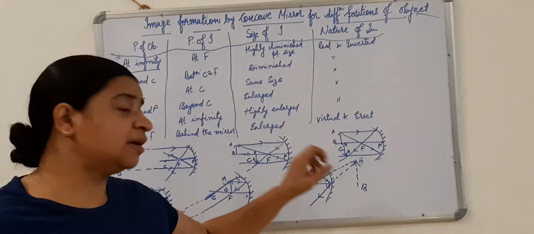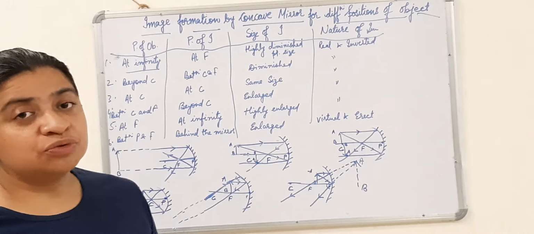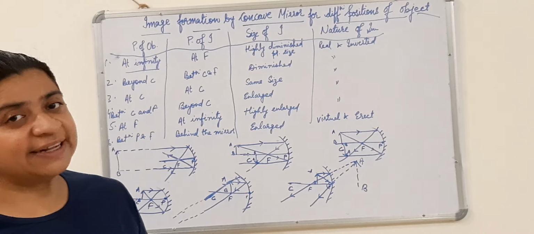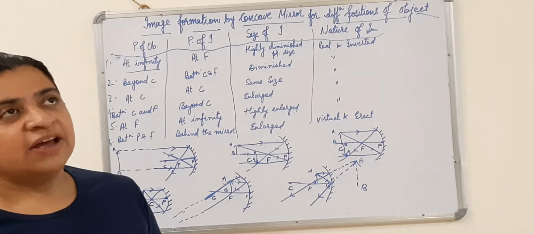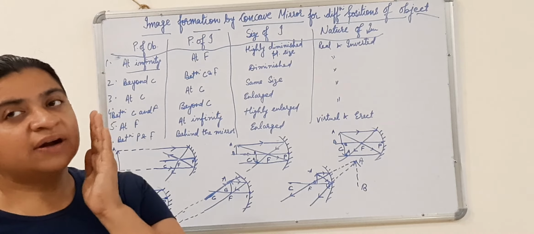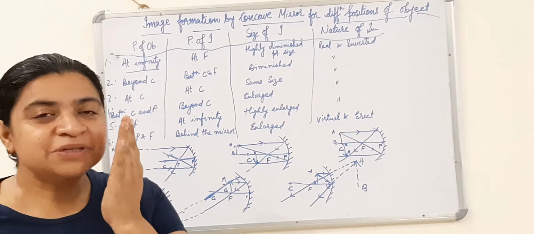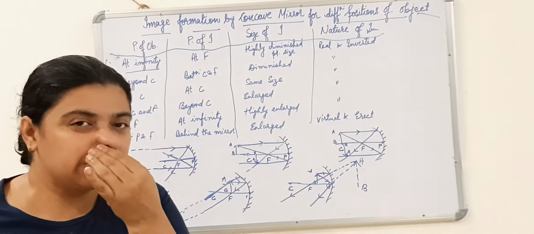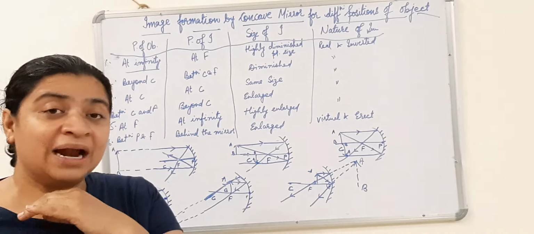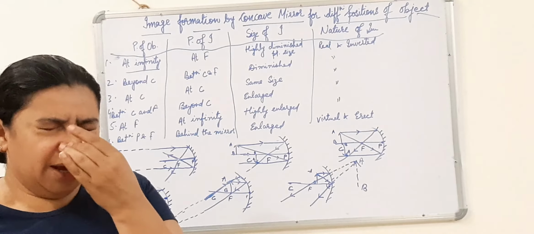This is the reason why a concave mirror is used as a shaving mirror or the dentist mirror. Because when the doctor tries to get the image of your tooth, he keeps the mirror near your tooth, that is between the pole and focus of the mirror.